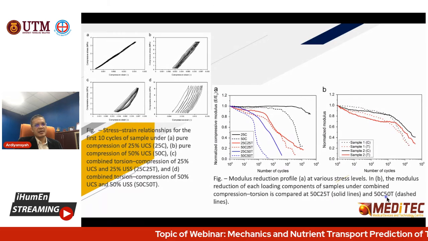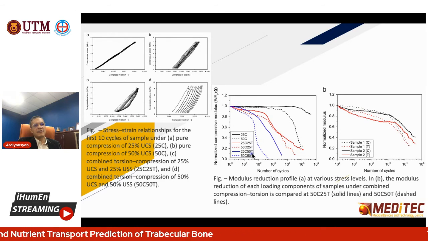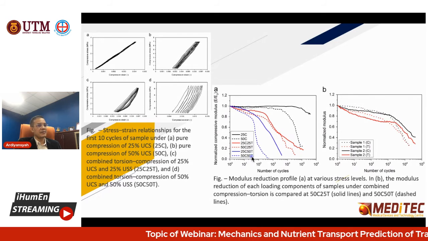Then you can compare here: the first model 25, and the 50, 25 compression, 50 compression, torsion is maintained at 50%.